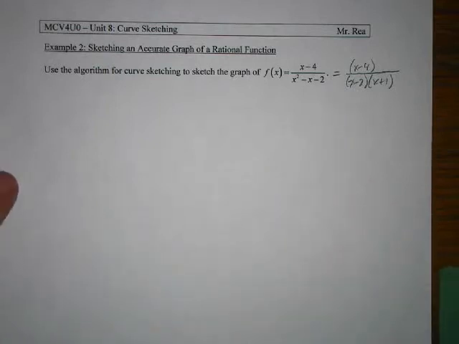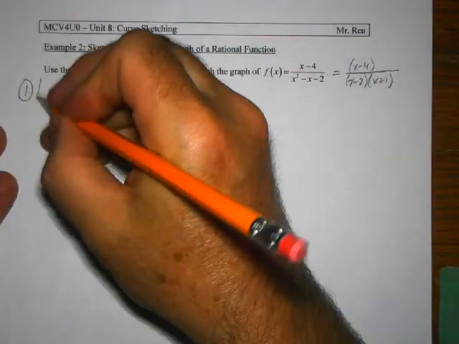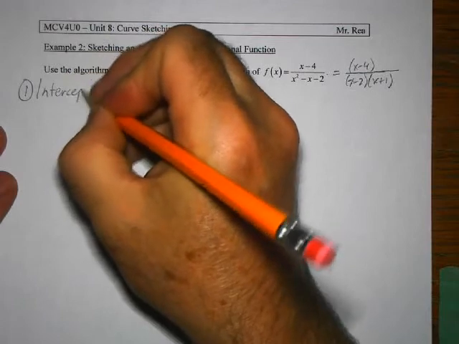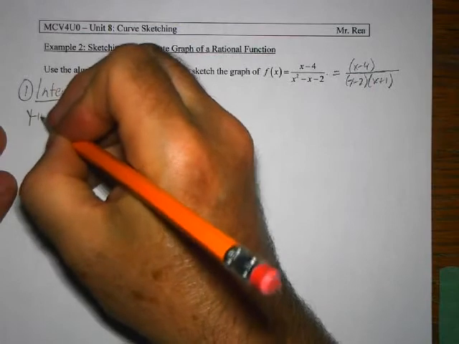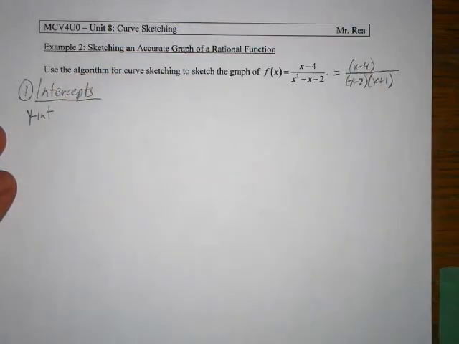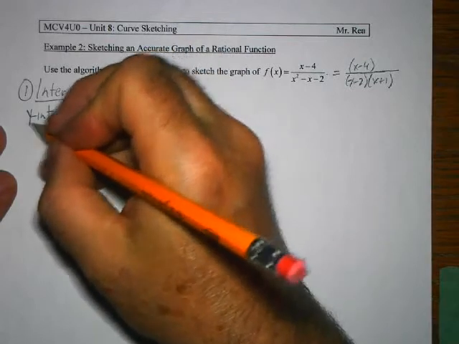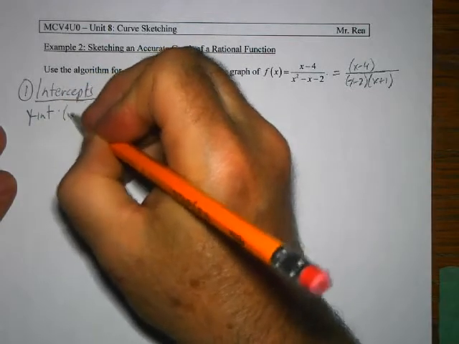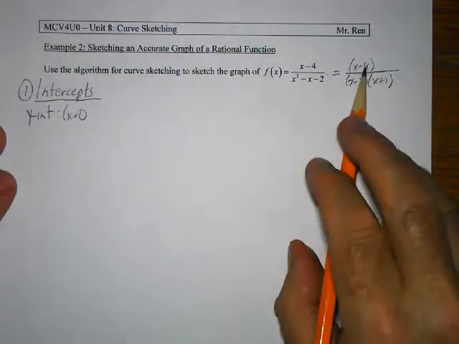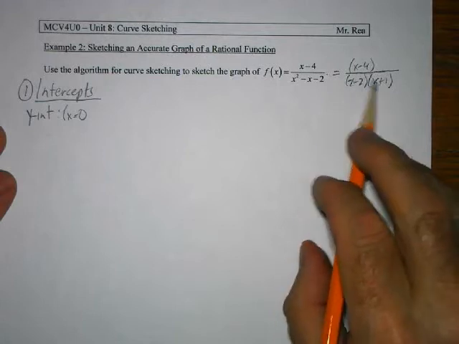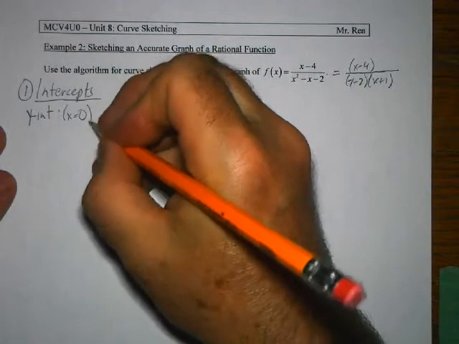Okay, so first thing we'll do is look at the intercepts. The y-intercept is when you set x equal to 0. So when I set zeros here, I get negative 4 over negative 2 times 1, so negative 4 over negative 2, that is y equals 2.